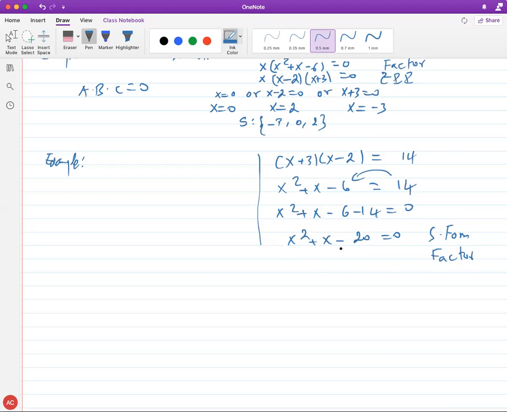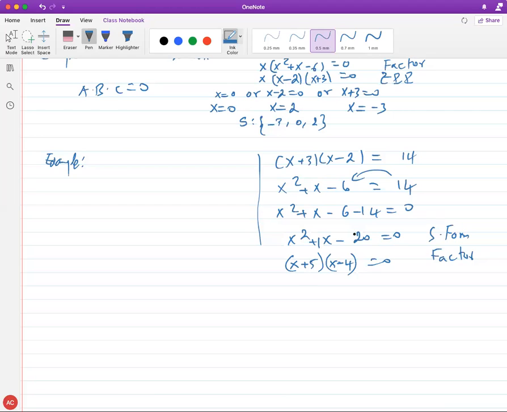We need to factor. There's no GCF. We need two numbers that multiply to negative 20 and add up to 1. 5 and 4. That's right. What signs? Plus 5, minus 4. That's right. Positive 5 and negative 4.